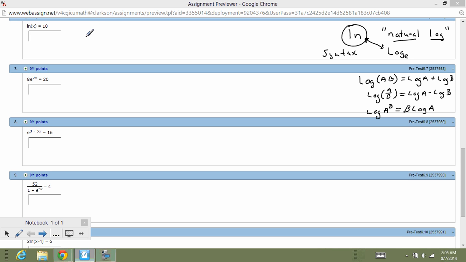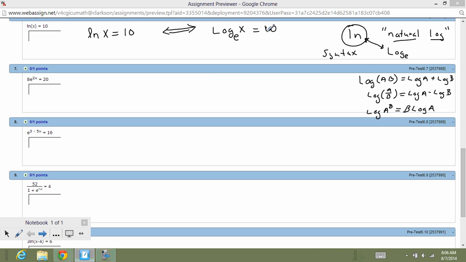So with exercise 6, you have natural log of x equals 10. All that says is that the log of x base e, again about 2 and 7/10, Euler's constant, equals 10.